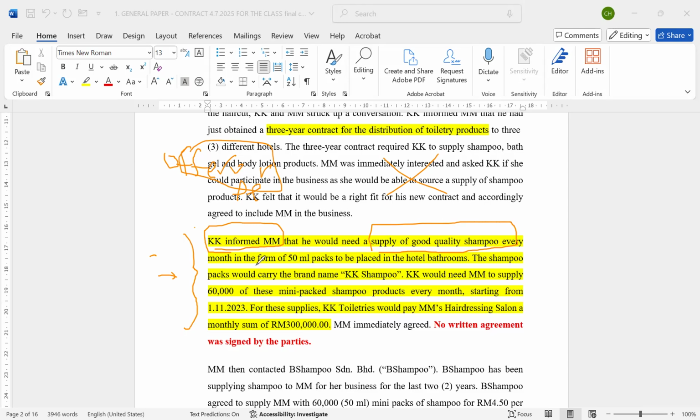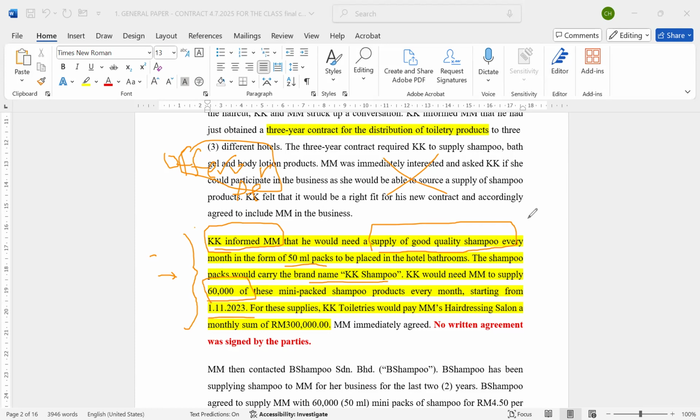What he needs will be 50 ml pack shampoo. The brand name is KK shampoo, and the total amount of the supply will be 60 units every month. The date to start this contract will be 1st of November 2023.